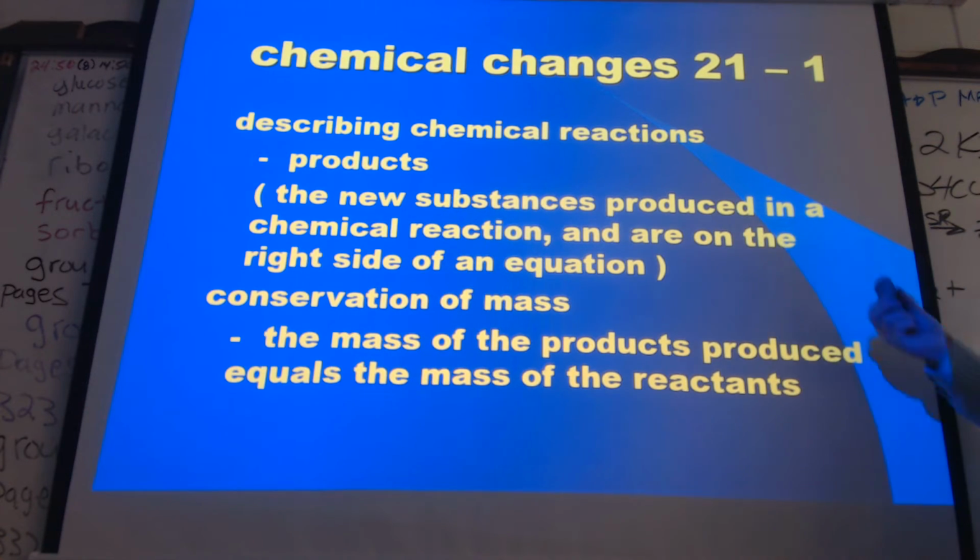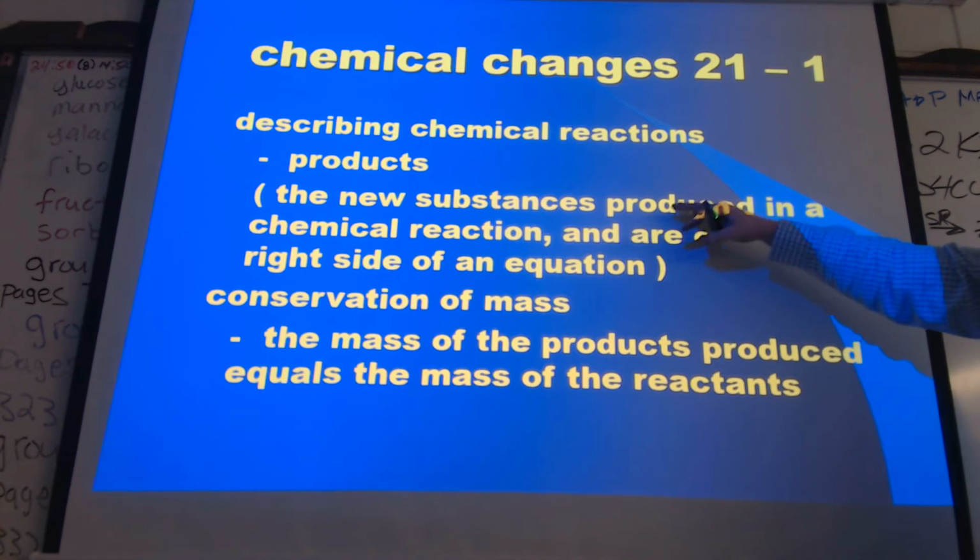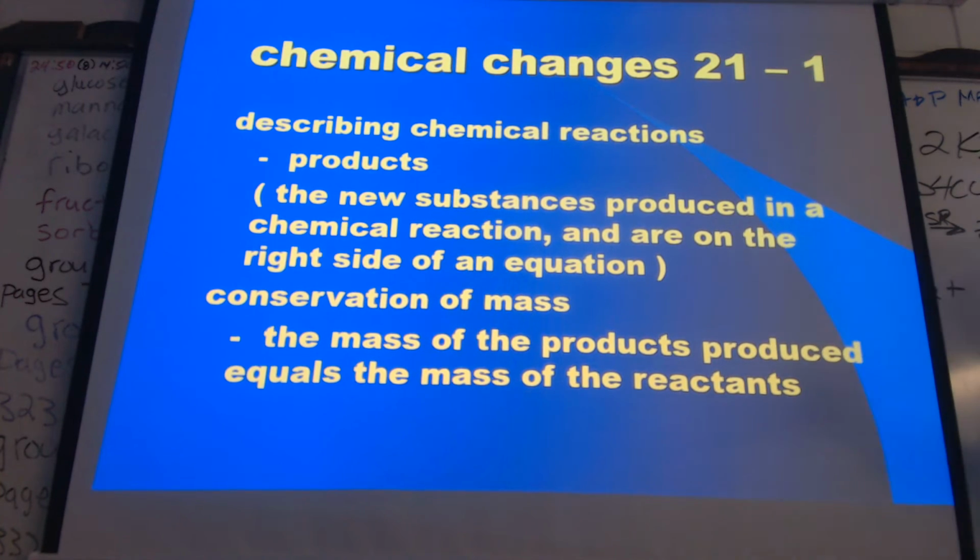So then on the right side in this chemical reaction, that is what's being produced. You have the reactants on the left side of the arrow, the products on the right side. And you classify these into 5 different types of reactions. And the first one's a synthesis.